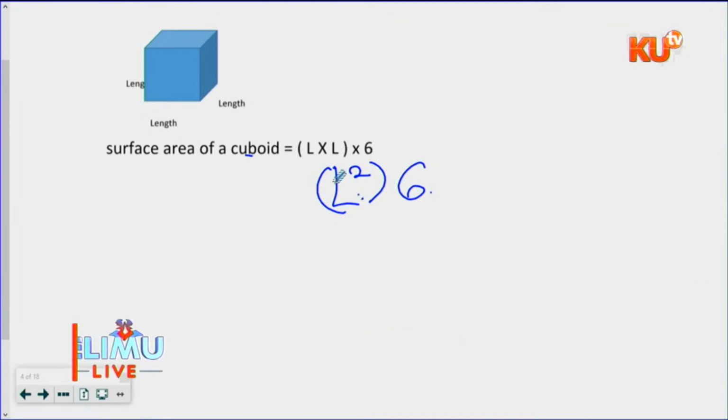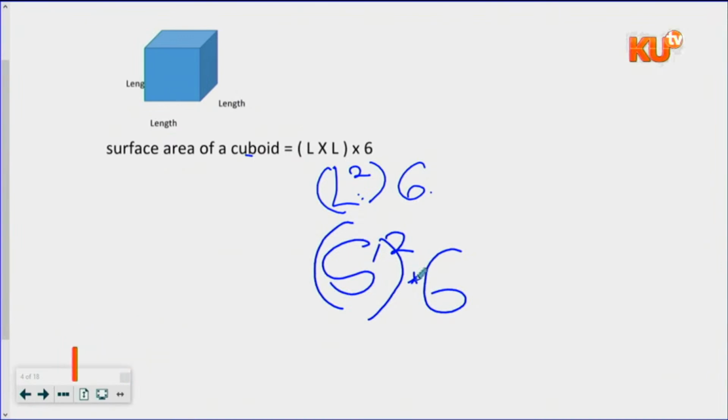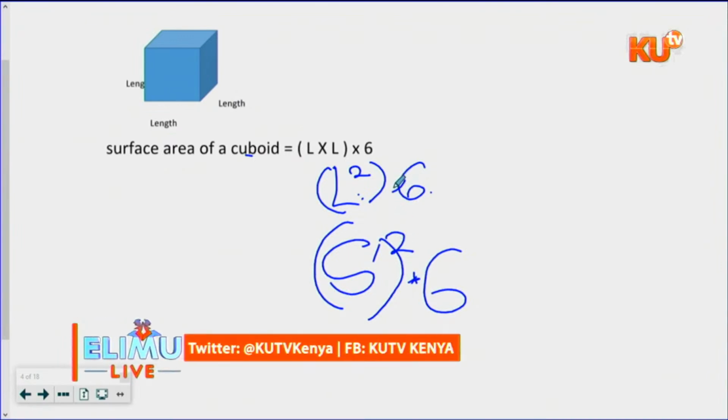L squared comes from length times length, and sometimes it can be called side, so you say S squared, then multiply by 6. Between the bracket and 6 there is a multiplication sign that is always silent, so we normally leave it like that.